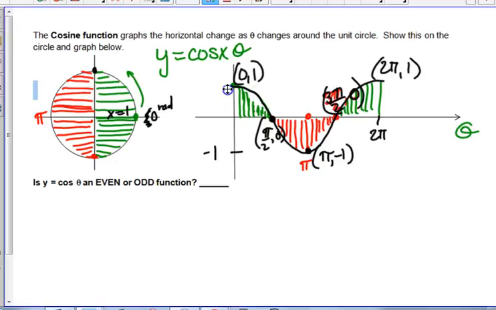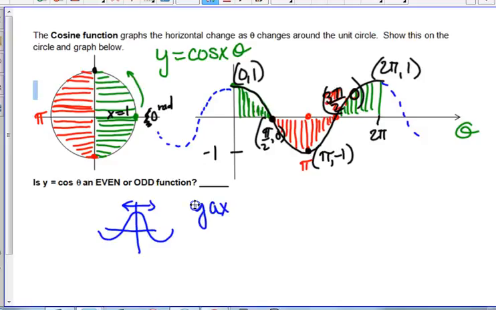All right. If I continue to draw this, what kind of symmetry will this have? If I draw it a little bit on either side, I can fold it in half this way, which is which way? It's y-axis symmetry. I can fold my paper in half.